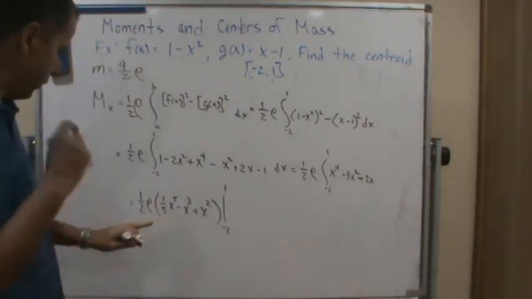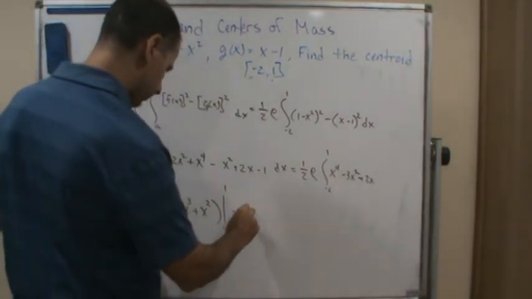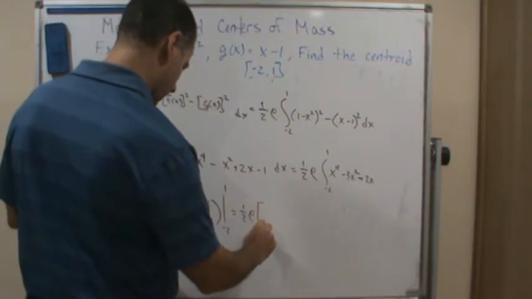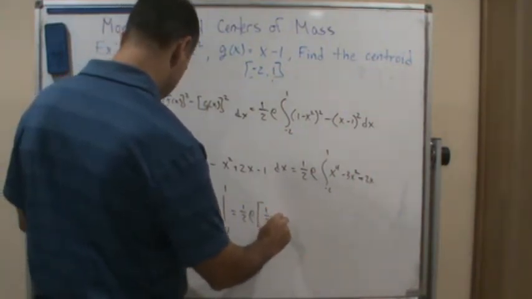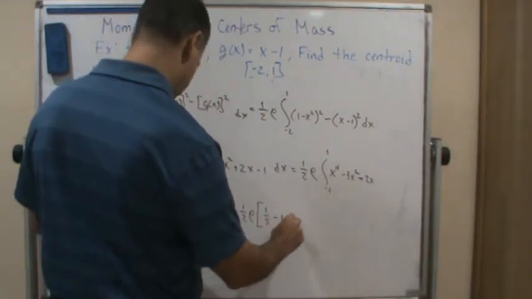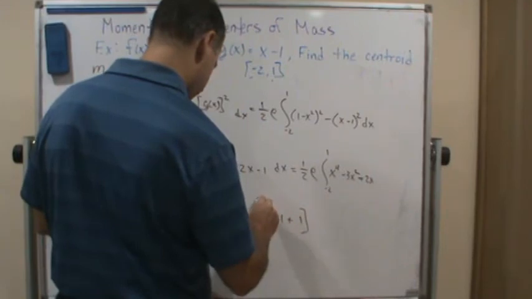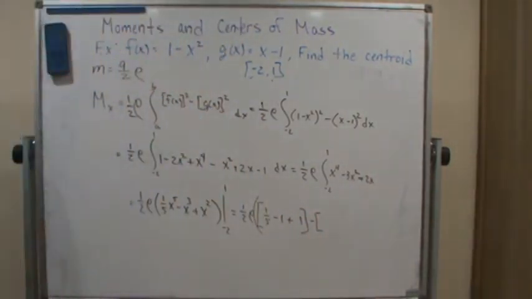Okay, now again, if you evaluate this at 1, what do you get? You get 1/2 rho times, well, you get 1/5 minus 1 plus 1. Minus, right?